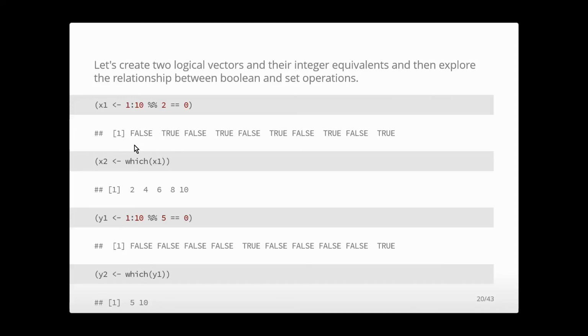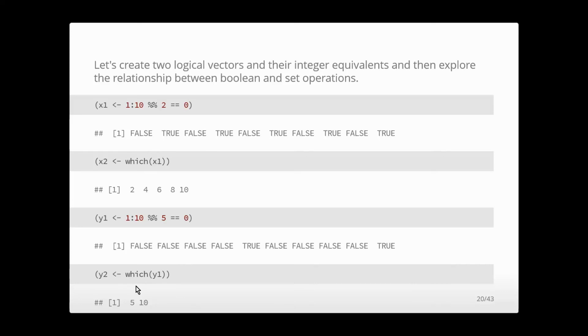So if we say which values are true in x1, it will say 2, 4, 6, 8, and 10. Over here, we're saying which ones are divisible by 5. It's false for 1, 2, 3, 4, true for 5, false for 6, 7, 8, 9, and true for 10. Which values in y are true, then we get 5 and 10. So x will be the even positions, and y will be the divisible by 5 positions.